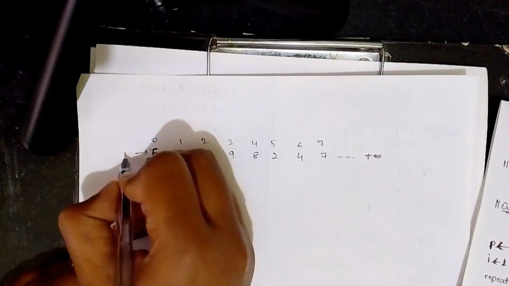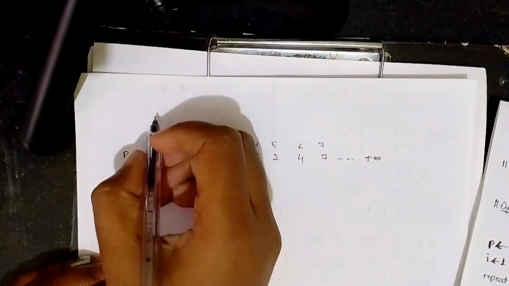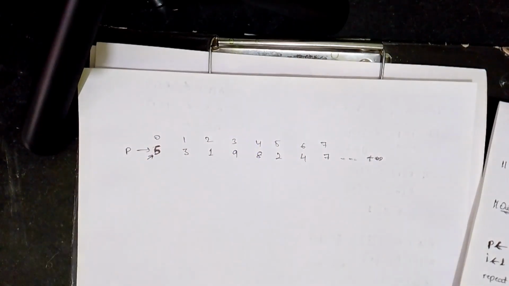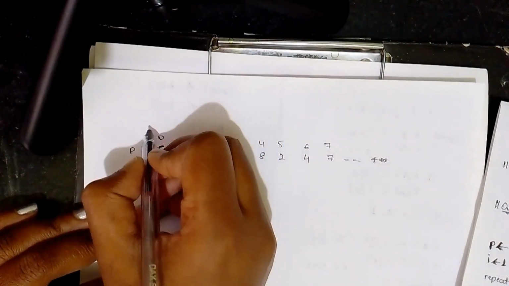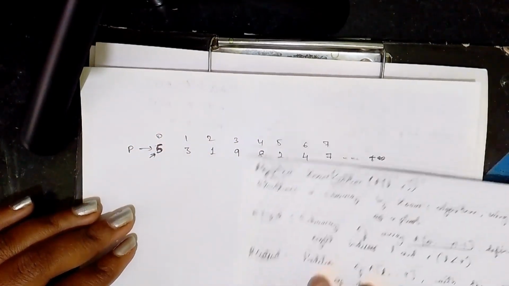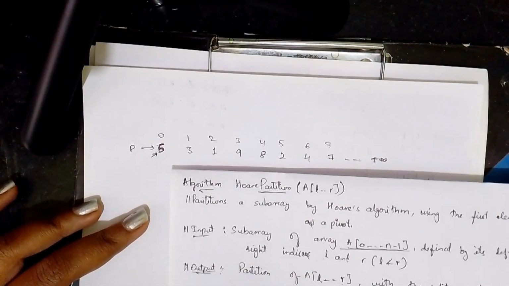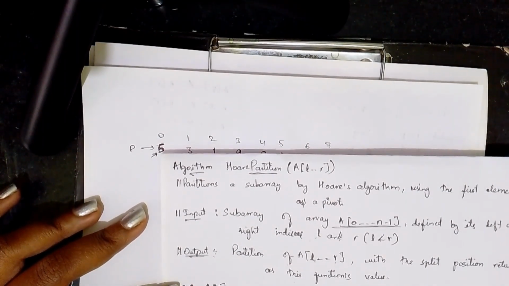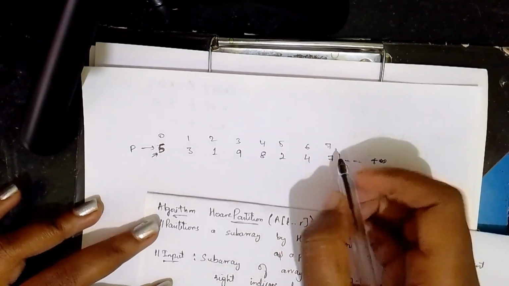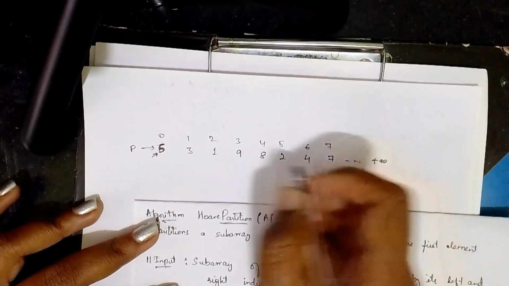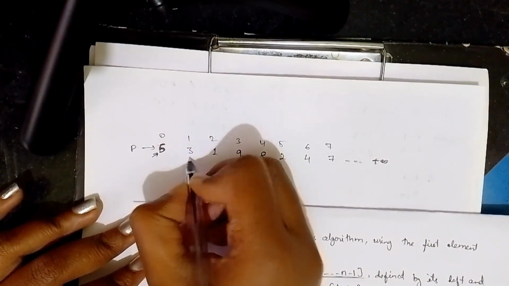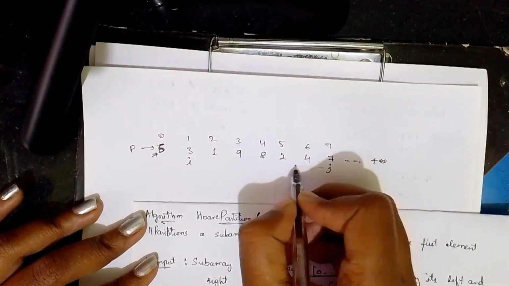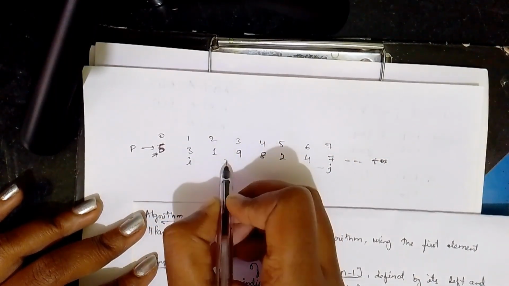Now this pivot element is a of l, that is the left side only. Now we have to initialize the pointers: the left side element as i, and j from the last. It will move towards the right side and j will move towards the left side.